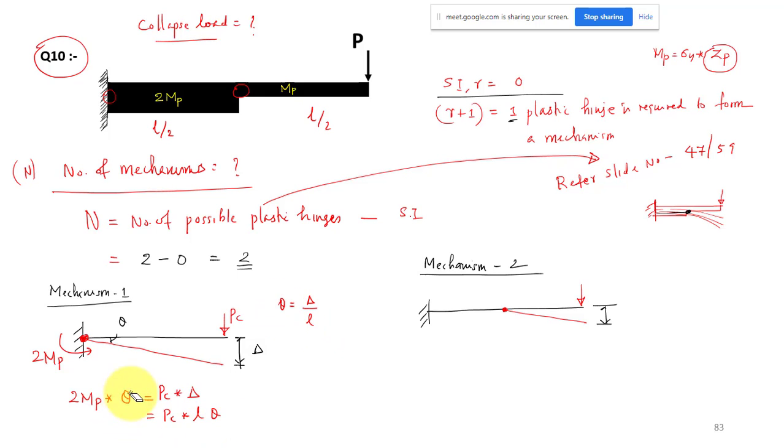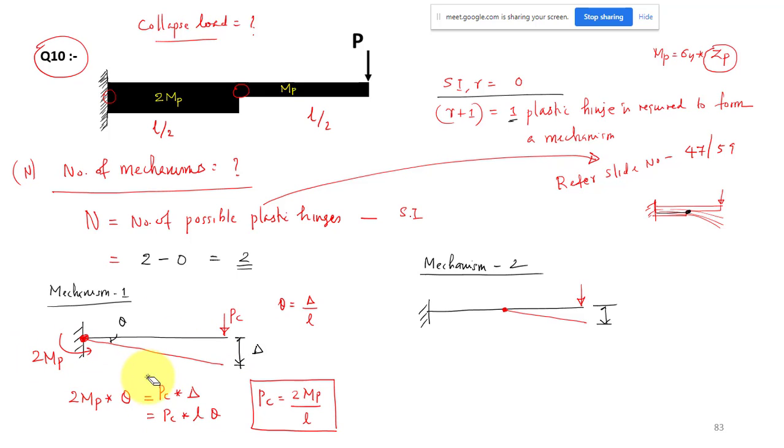Theta will get cancelled. You will get PC equal to 2 times MB by L. This is the collapse load corresponding to this mechanism.